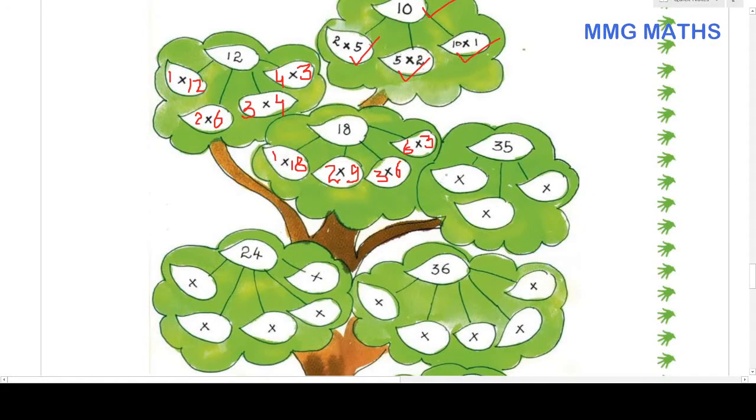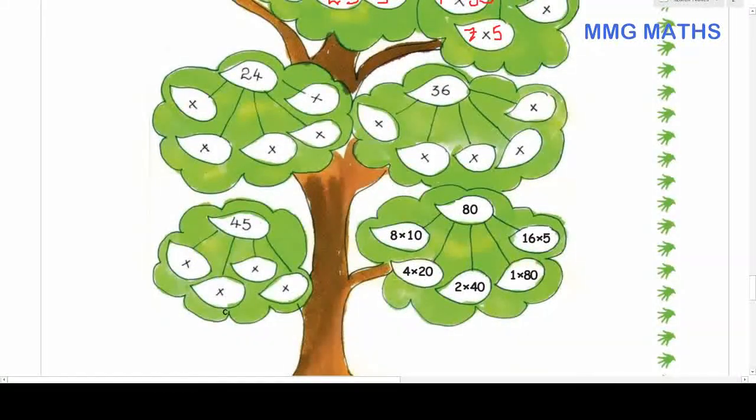Now look here, first number 1 into 35. Okay, then 7 into 5, here you will write 5 into 7.